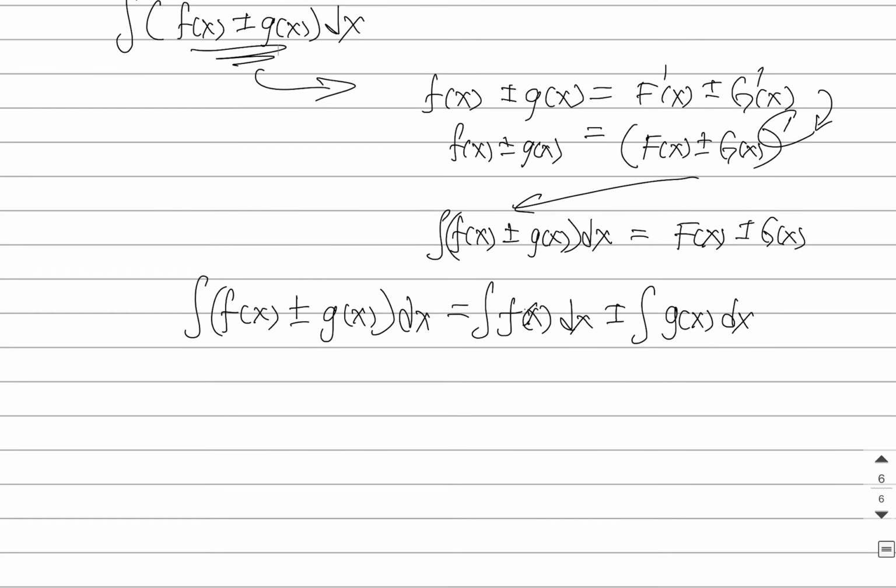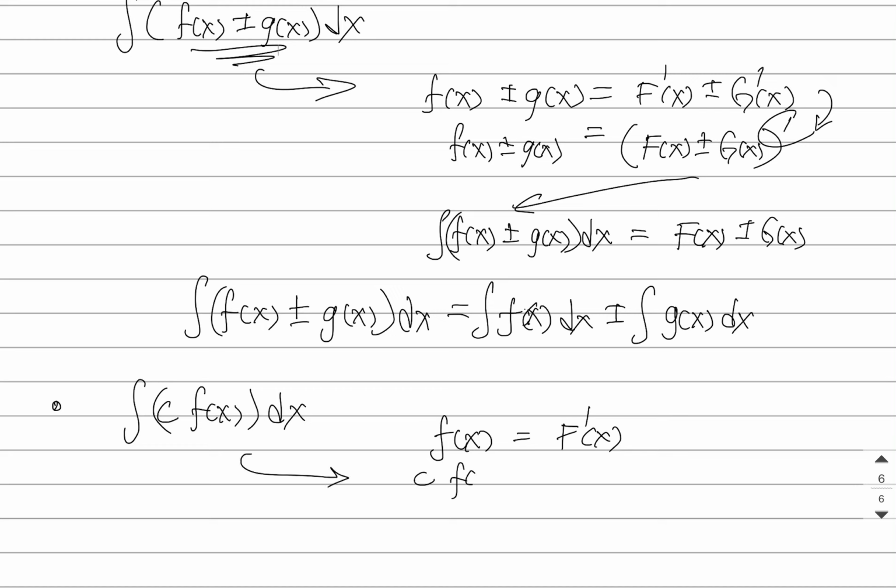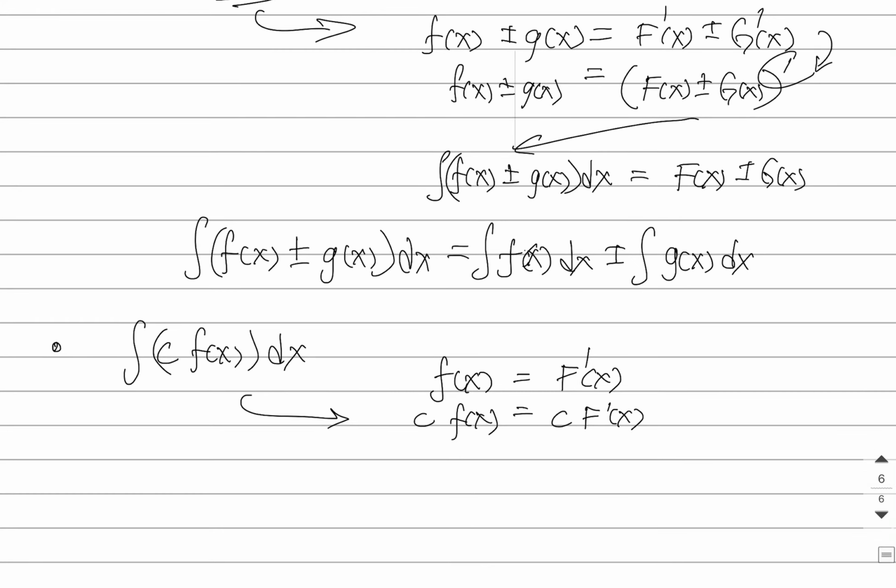Now, similarly, if we are interested in the antiderivative of a multiple just like this, we can start the same way. If we take our function, we know that it's related to this, so taking a multiple of it is like taking a multiple of the derivative, and this is where we get to use the linearity rule in reverse.